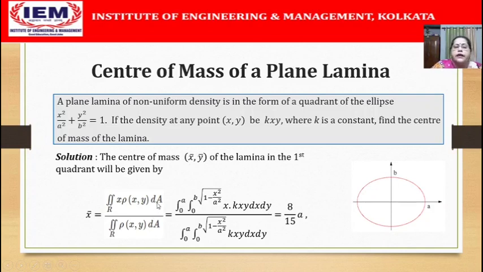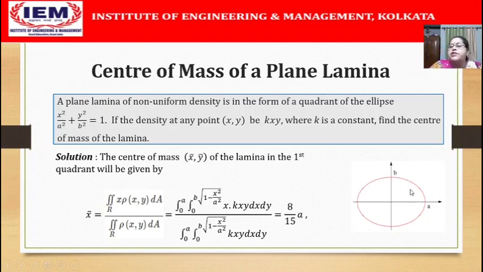And of course, dA is the elementary area, nothing but dx dy. What we first have to find out are the limits of x and y such that the region R, which is the first quadrant of the ellipse, is covered.